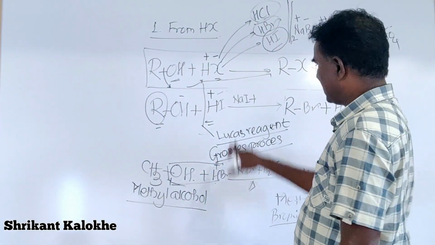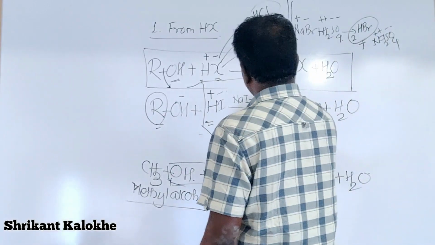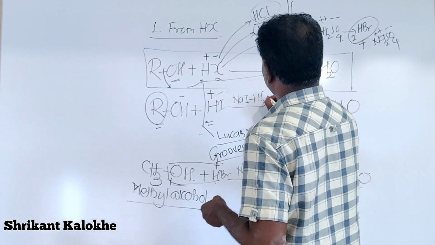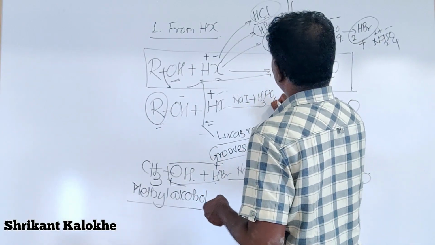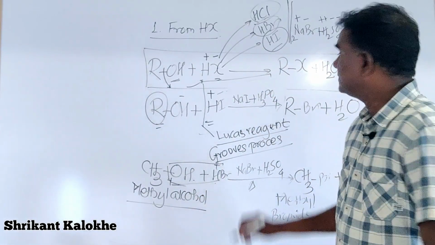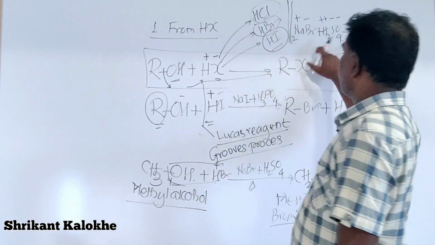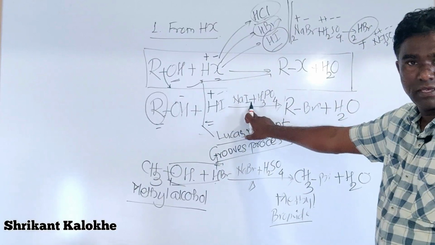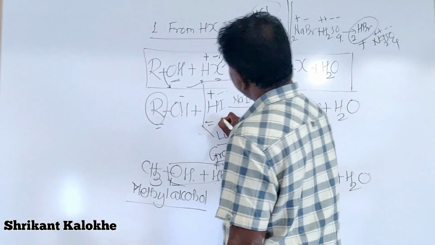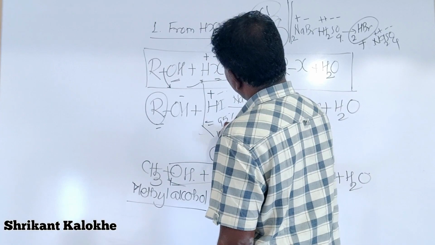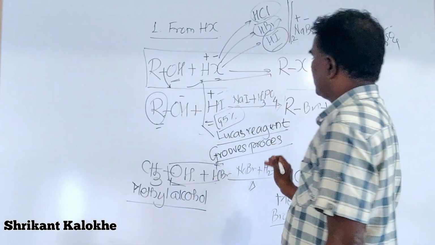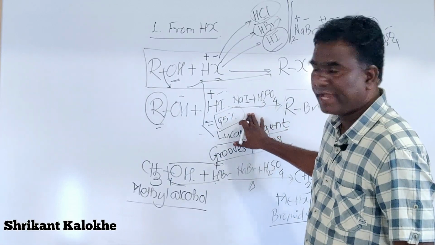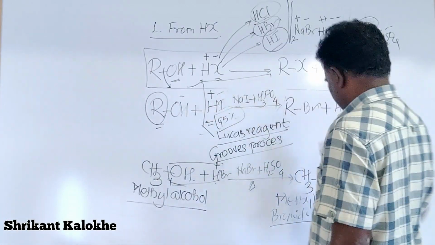Here the acid is not H2SO4 but phosphoric acid, with formula H3PO4. This mixture would react in the same manner to give us HI, and 95% concentration of HI is required to convert this alcohol into alkyl iodide.